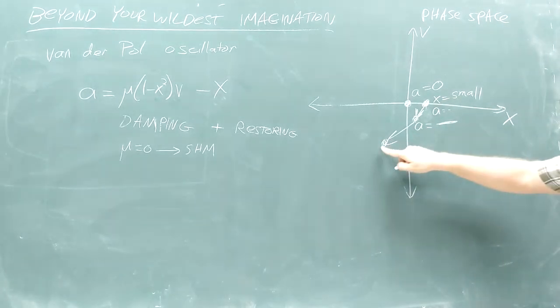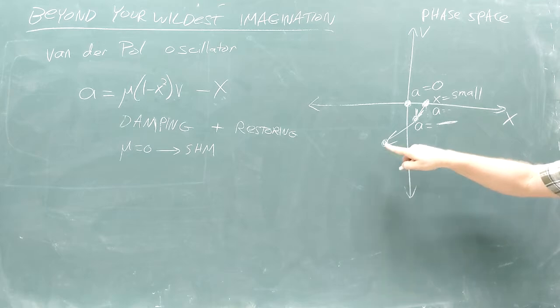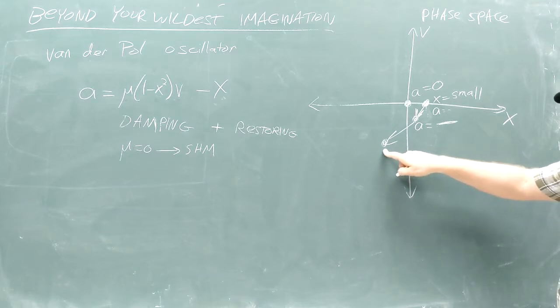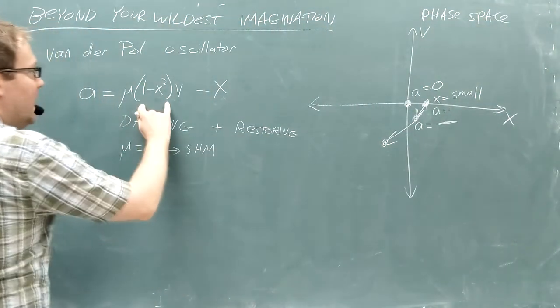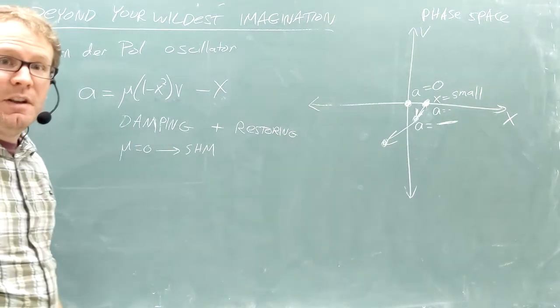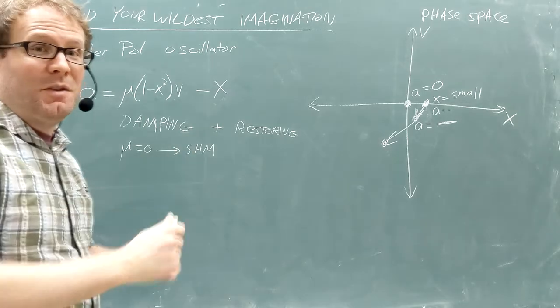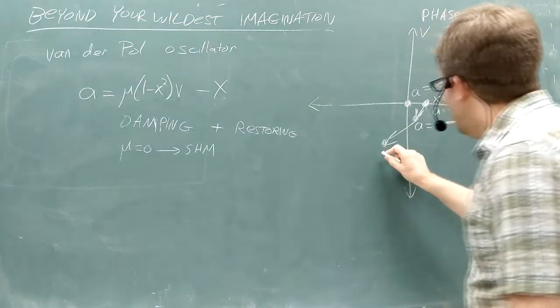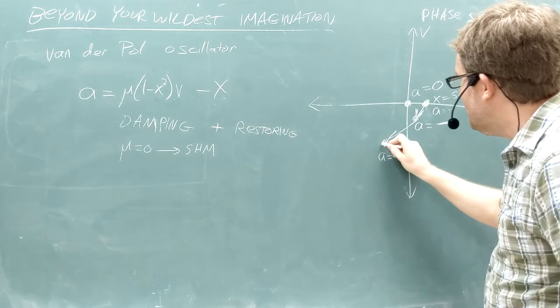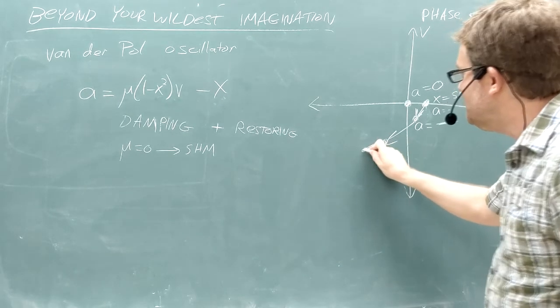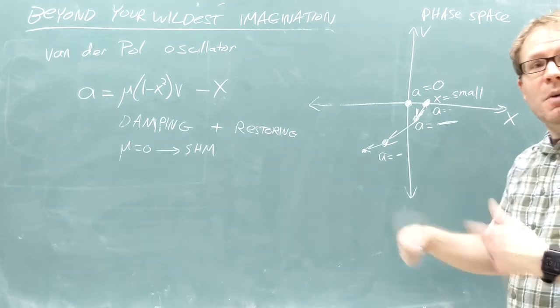Now, eventually what will happen, I'll end up in this quadrant, right? And so over here, I've got x as a negative and v as a negative. So I'll have a negative over here competing with a negative over here. So I'll have a little bit of a restoring force, meaning my acceleration is still going to be negative, but it won't be quite as negative. So now I'm going to start to slow down. Right? So you work this out.